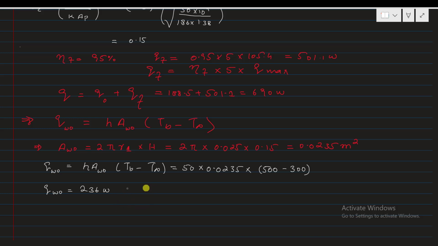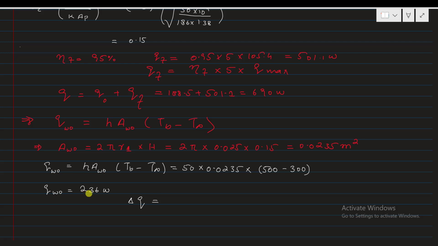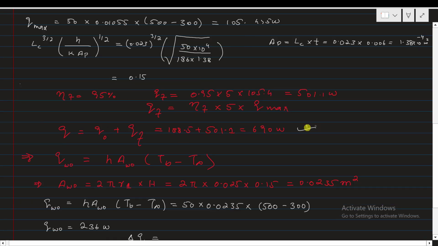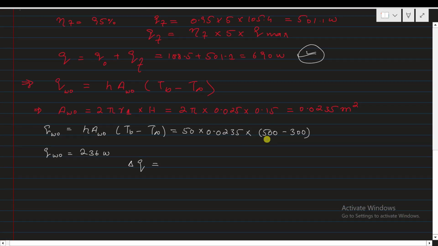How much increase in heat transfer occurs by adding the fins? This is the heat transfer without fins. Look at this value. This is the heat transfer with the addition of fins on the cylinder, and this is the heat transfer with no addition of fins.